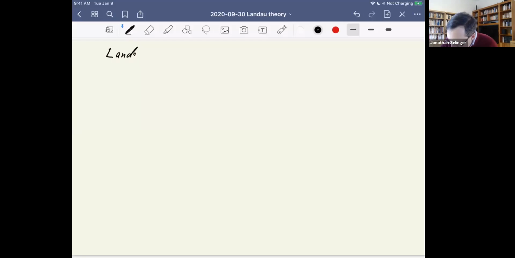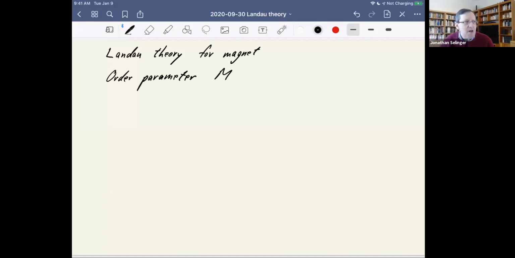All right, so we were setting up the Landau theory for the magnet. And in this approach, the order parameter is the magnetization M. And then we said, well, the total free energy is a free energy density times the volume.